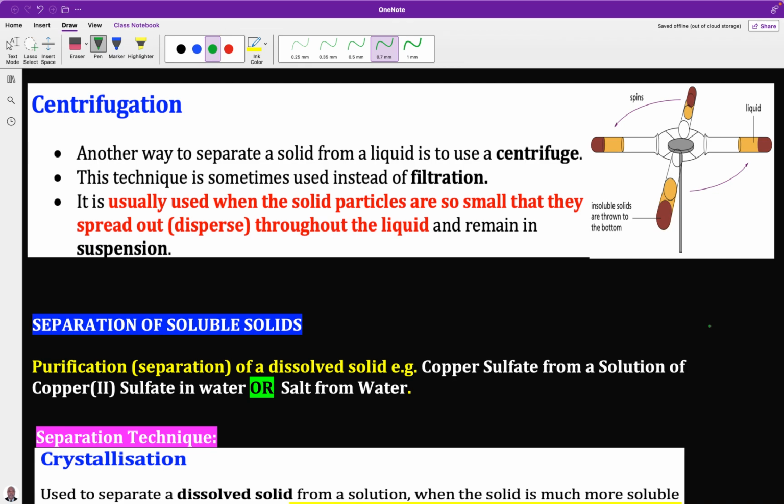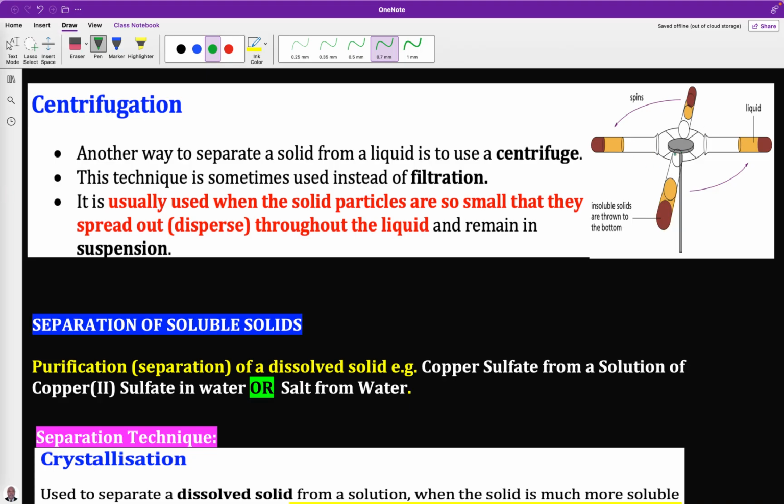Centrifuges are used to separate small particles of solid that are dispersed in the whole liquid, in the whole solution. What happens when a centrifuge is spinning?